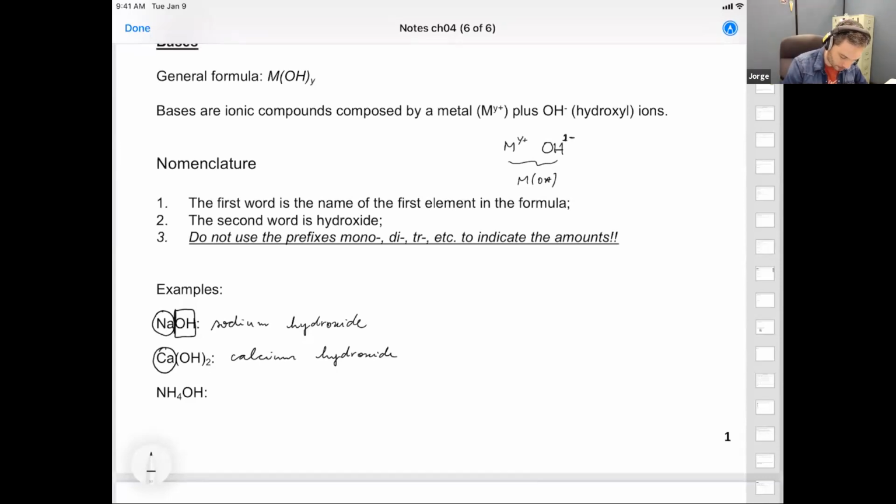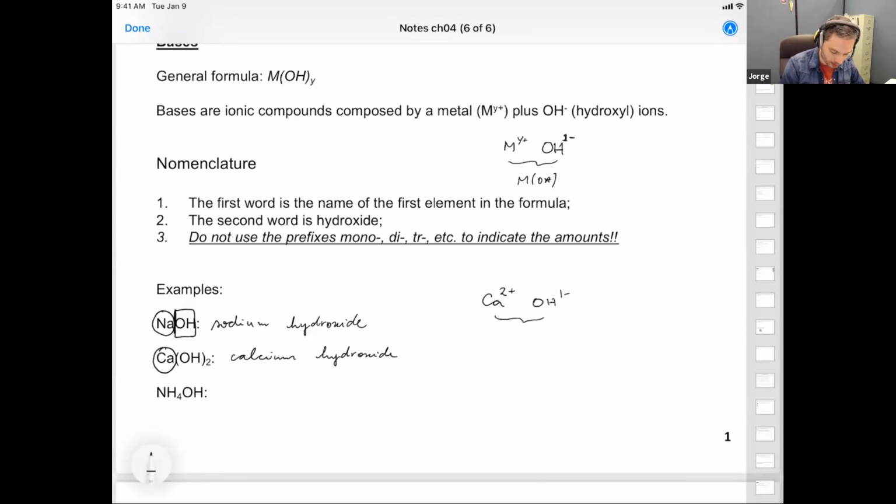Why in this case do I have Ca(OH)2? Because calcium belongs to group 2, therefore it is 2 plus. That's going to combine with hydroxide, which is always 1 minus. So each hydroxide can only get 1 electron, but calcium has to donate 2.